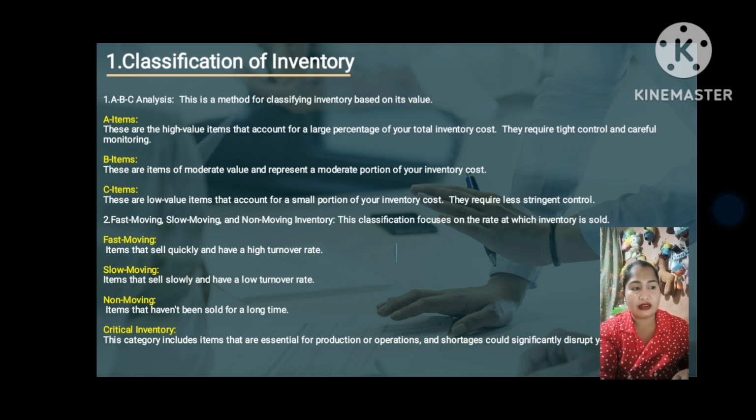For critical inventory, this category includes items that are essential for production or operation, where a shortage could significantly disrupt your business. Yes, Dole is very strict in terms of inventory, especially raw materials and ingredients, because we follow the weekly pack plan.